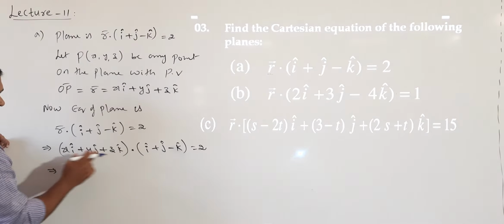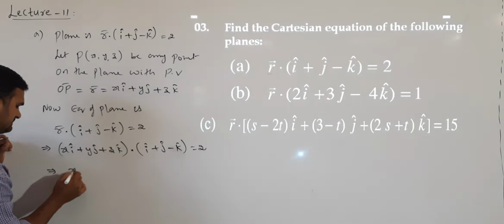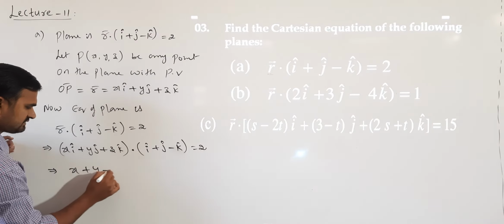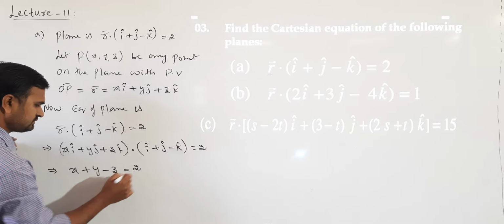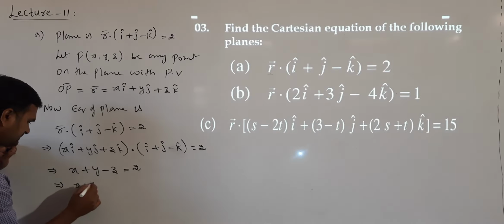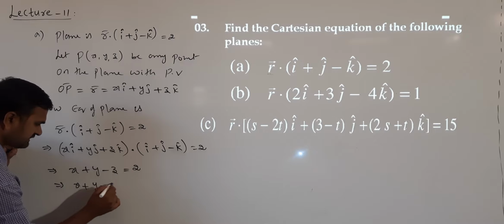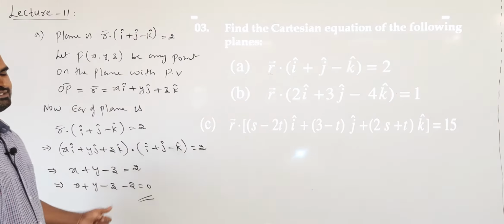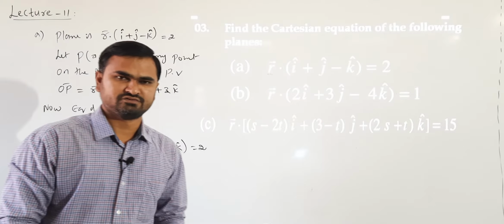Take the dot product: x into 1 is x, y into 1 is y, z into minus 1 is minus z, equal to 2. Or I can write the plane as x plus y minus z minus 2 is equal to 0. This is the equation of the plane in Cartesian form.